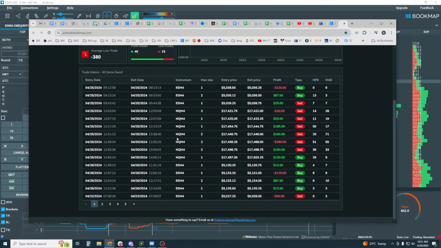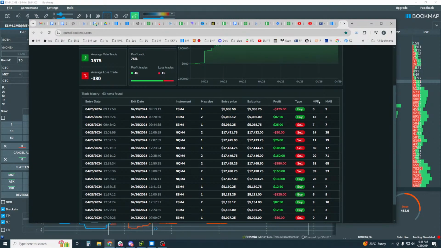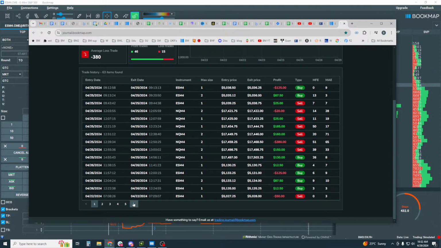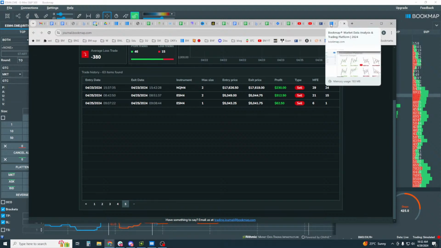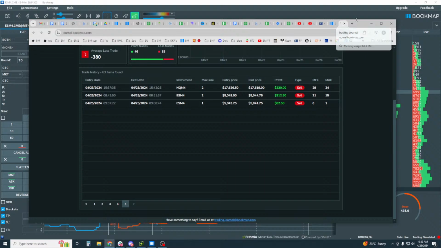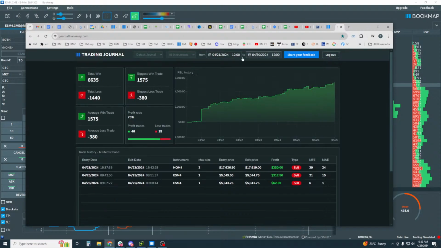We've got all the trade data, each trade in here, and you've got the MFE and MAE as well, to see how much it went against you, how much it went for you, etc. So some really good stuff in here. Again, this is our first minimum viable product, but this is giving us some really nice insight into how we're doing in the bigger picture.